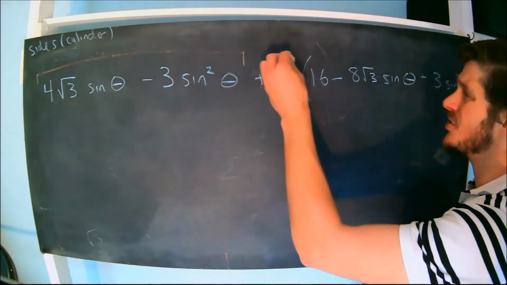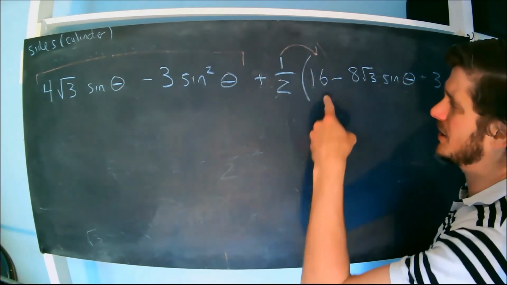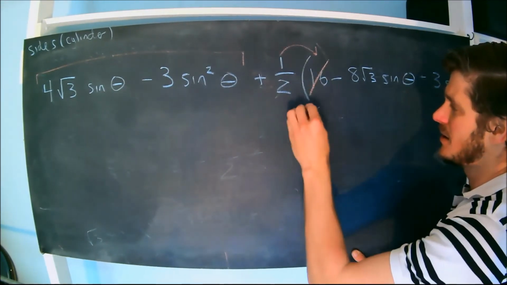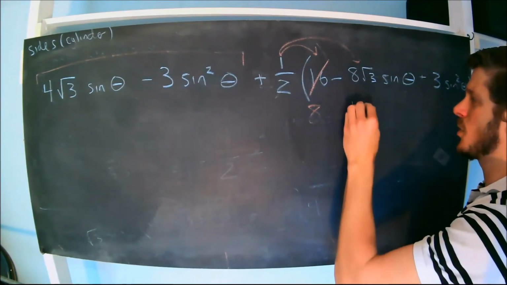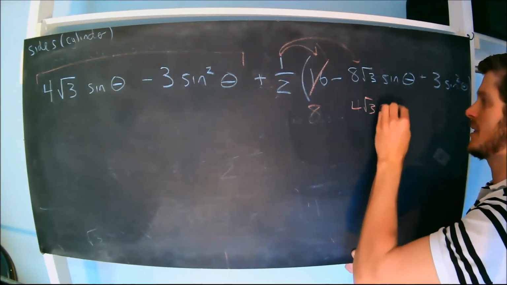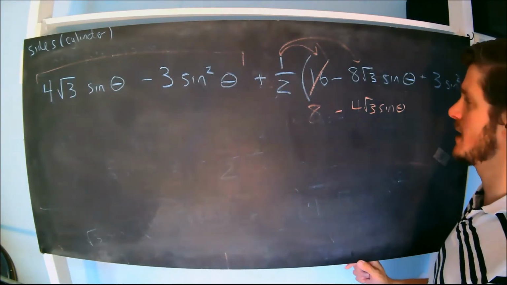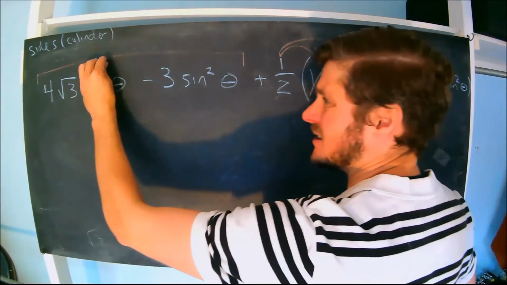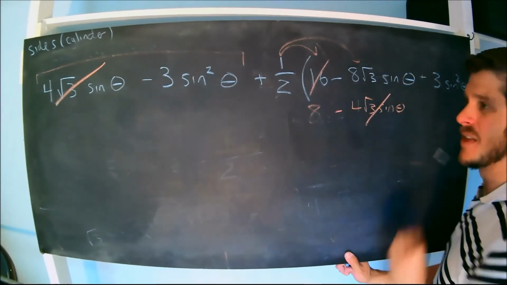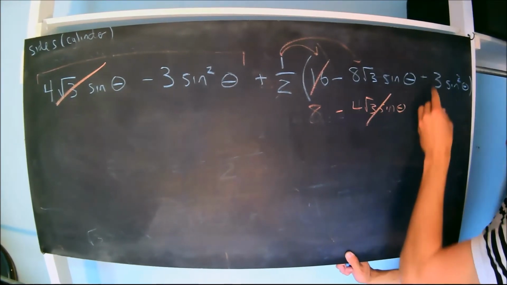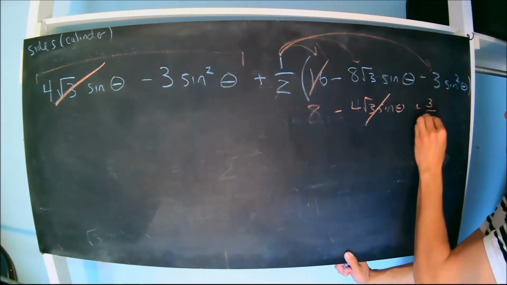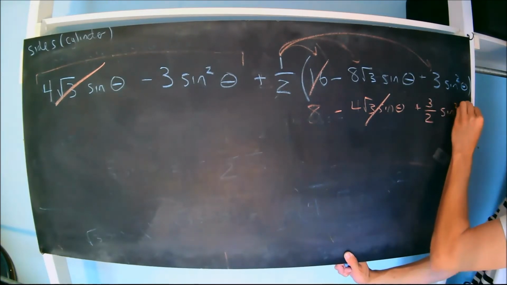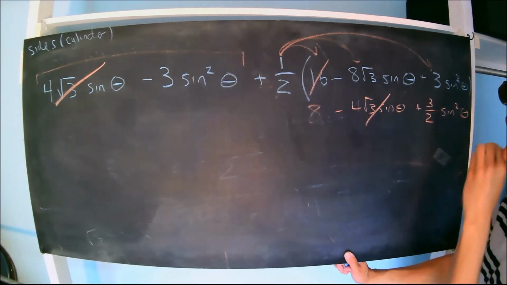But I still have to distribute through that 1/2. So when I distribute through that 1/2, clearly 16 just becomes 8. This becomes 4 root 3 sine theta minus 4 root 3 sine theta, which is kind of nice, because that is going to cancel that. And then over here, when I distribute that through one last time, I get plus 3/2 sine squared theta.